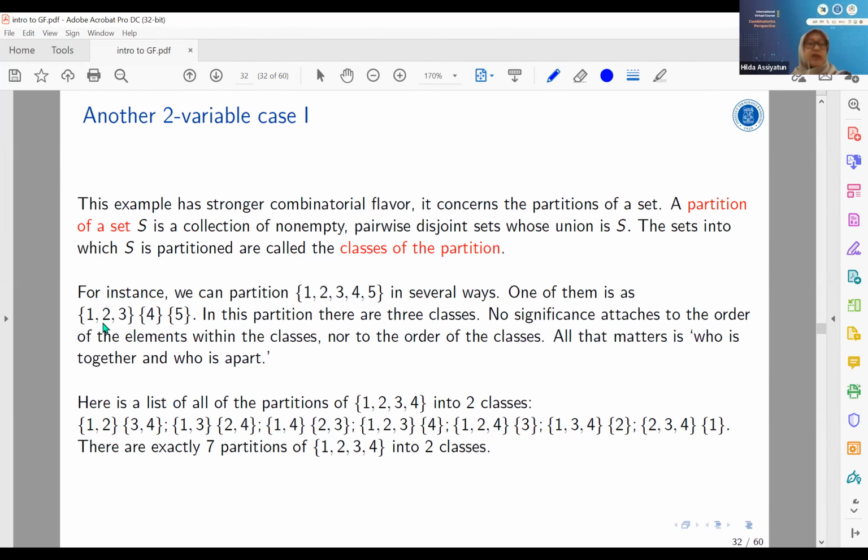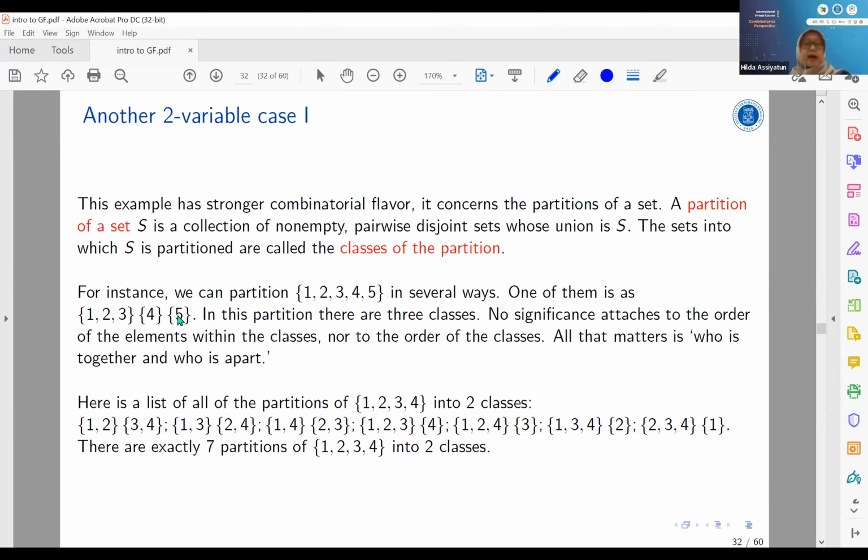In this partition, we have 3 classes. The first class consists of 1, 2, 3. The second class consists of 4, and the third class consists of 5.